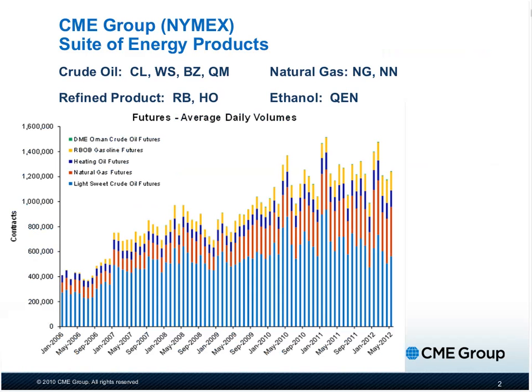CME Group's NYMEX energy markets represent one of the most liquid in the world, with contracts covering WTI crude oil, heating oil, RBOB gasoline, and natural gas, just to name several of the most liquid contracts. You can see from this volume chart through the month of May that these are extremely liquid contracts with high volume on a daily basis.